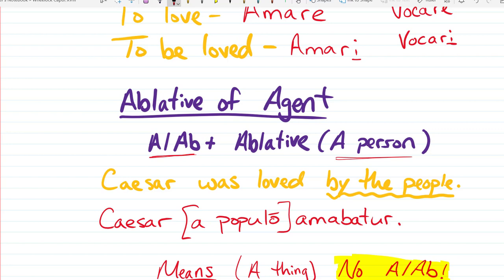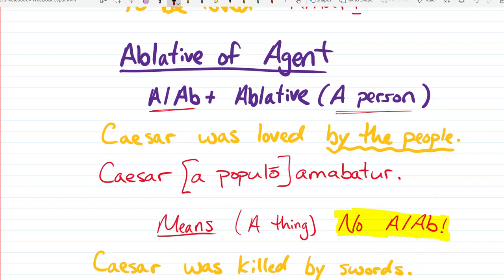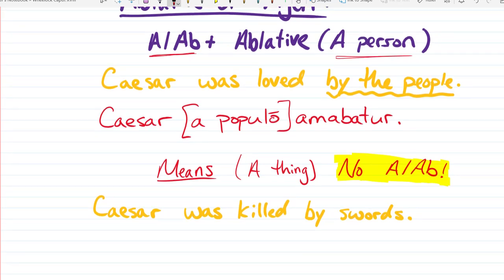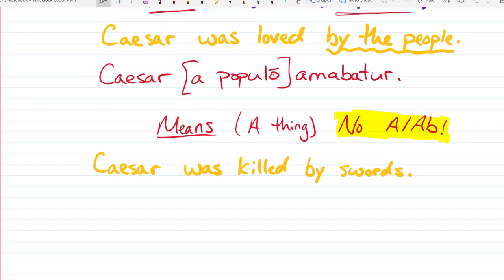Okay, and this is going to be a little bit different than ablative of means. Ablative of agent is typically a person or something that can actually do things, an entity, whereas ablative of means is with a thing, right? And a lot of times it's going to look the same. You're still going to have by there, but ablative of means, remember, is showing an object that's being used to carry out something. So if we said Caesar was killed by swords, we'd still have Caesar.